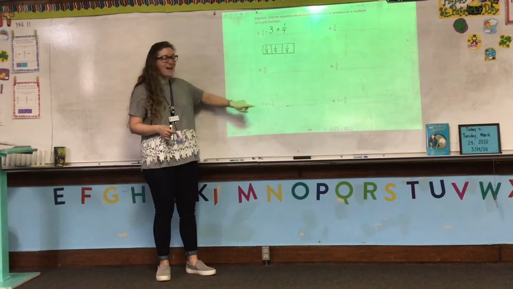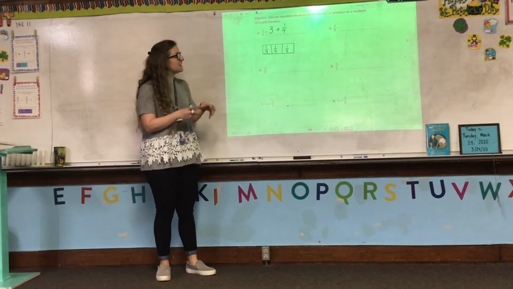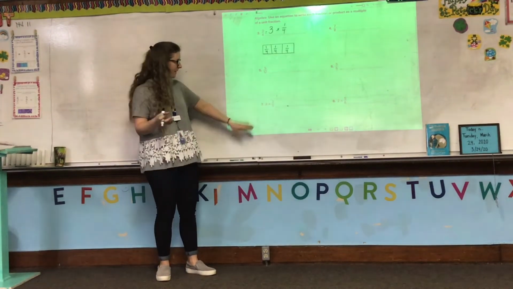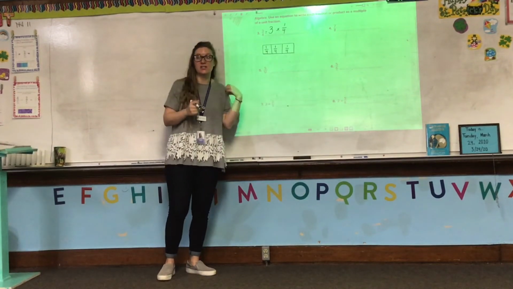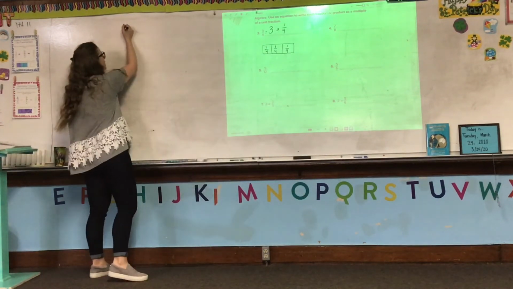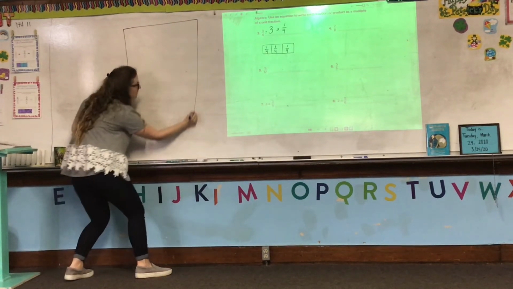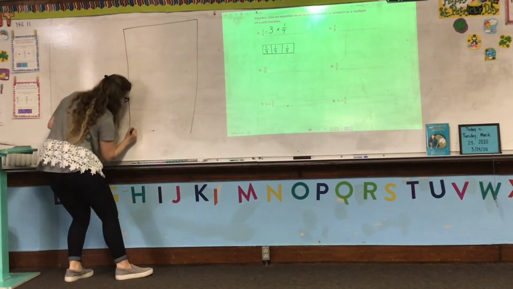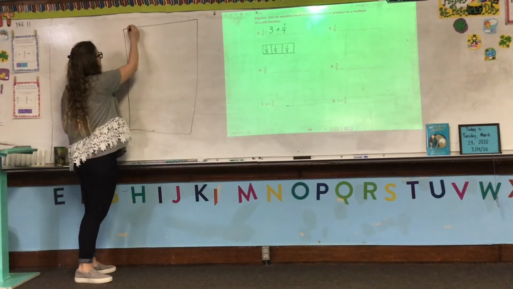Okay, for number 7, when you are finding the multiple of the unit fraction for a product of a fraction, you're going to go on your separate sheet of paper, which is going to look like this. Please make sure that you are watching this in full screen. I know it's hard to see, but we're going to do our best.